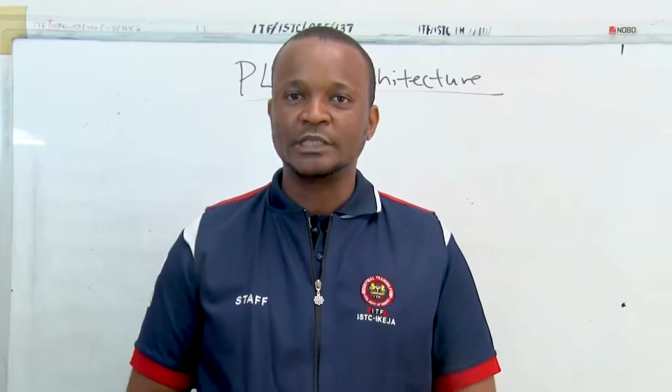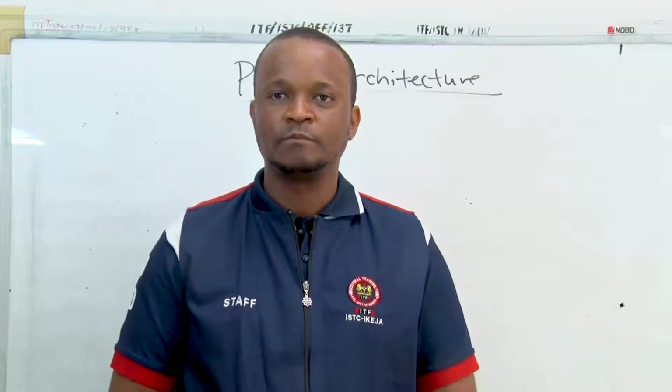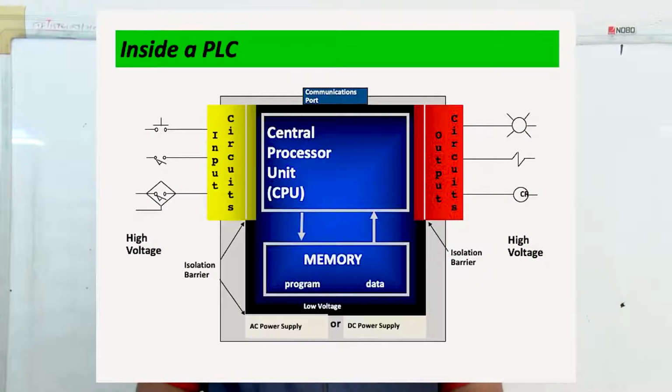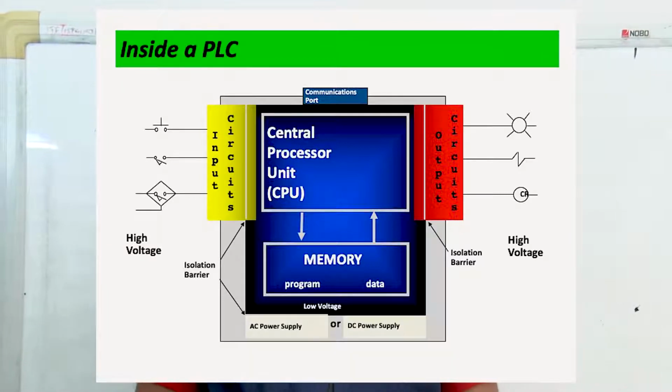Let us go inside of a PLC itself. The picture on your screen shows us the internal structure of the PLC. The PLC contains the central processing unit, the CPU. It contains the memory.